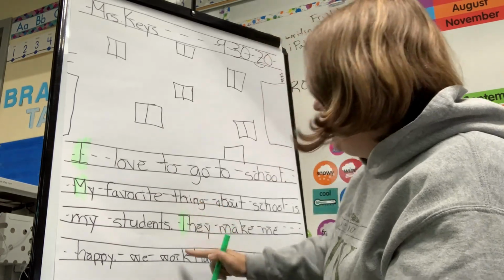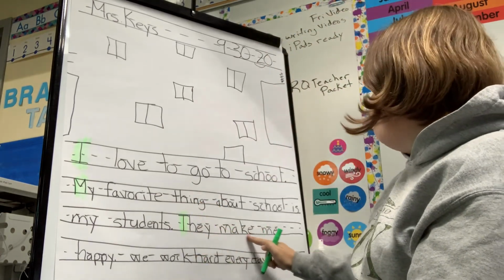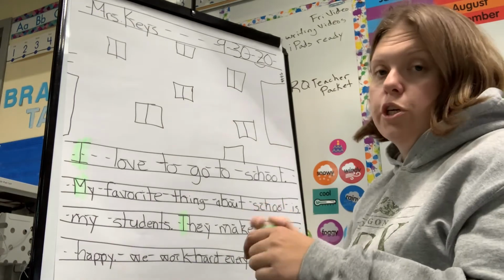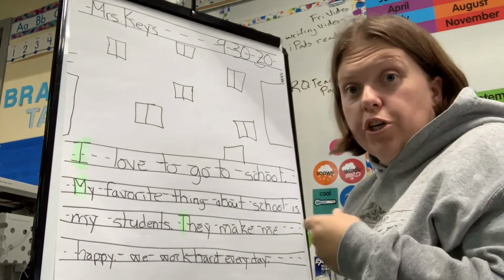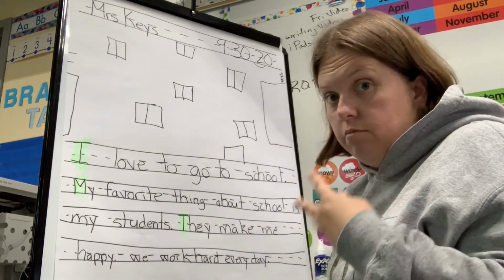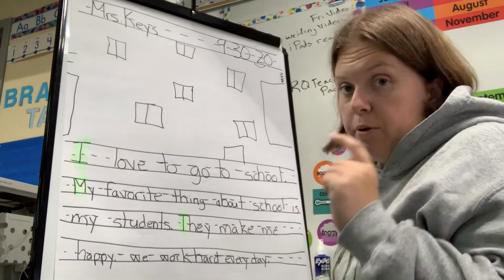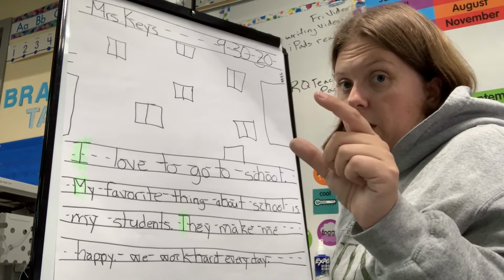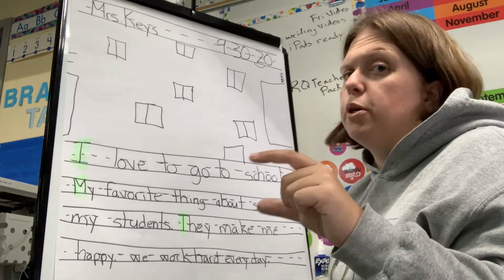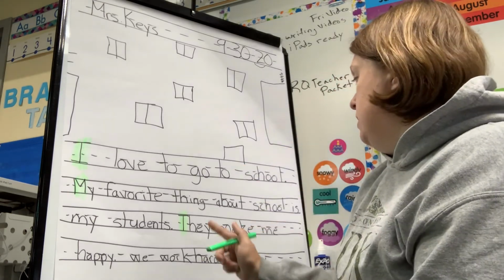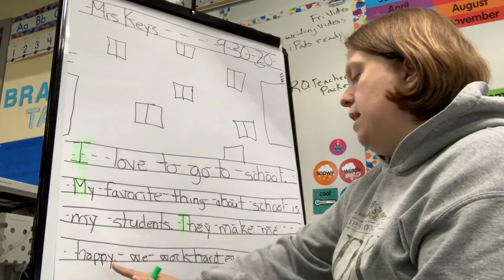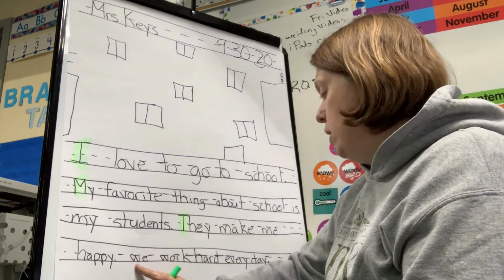So I capitalize. They make me happy. So when you're going through, you're going to read each sentence you started. You're going to make sure you put a capital letter at the start of each new thought. You can have your grown-up help you. Okay? So they make me happy. End of thought. Start a new thought.